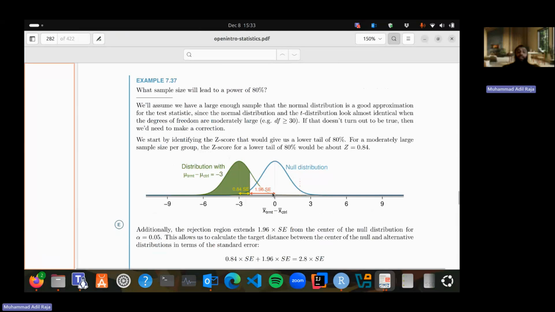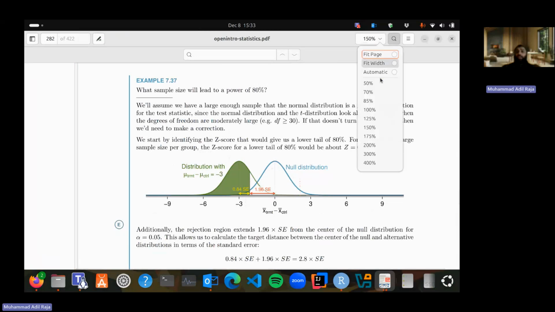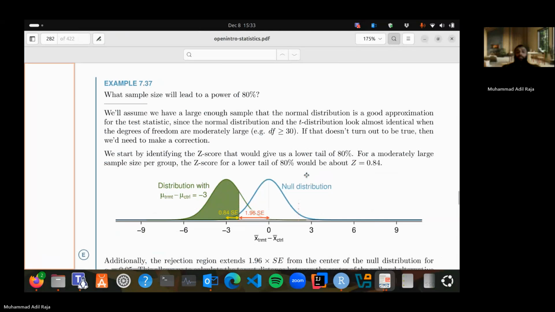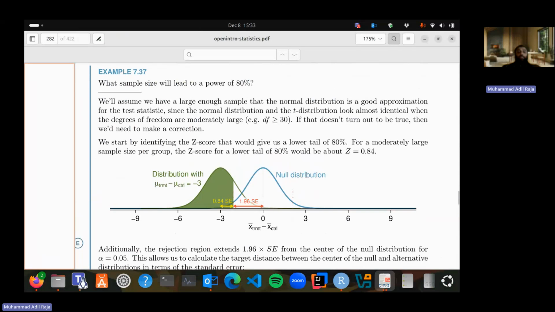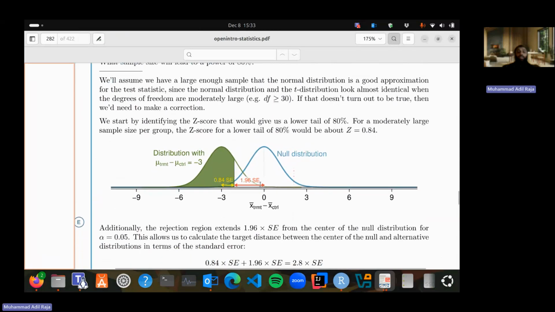If you remember, these red lines correspond with the lower and the upper tails of the significance level or the confidence level of the null distribution, which is over here 97.5% and over here 2.5%.